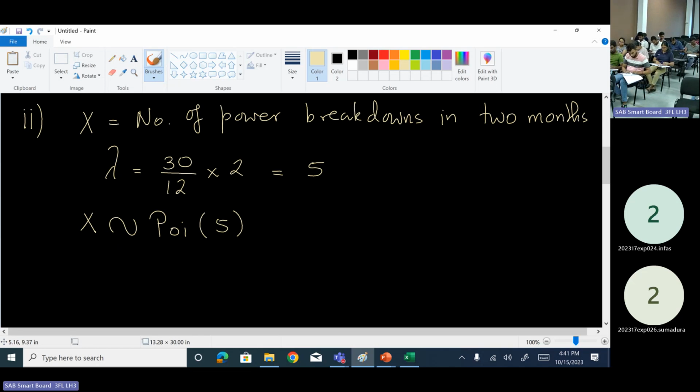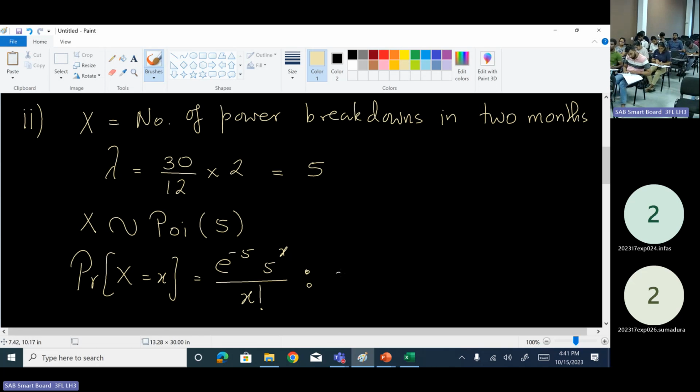So we can write down the probability function: P(X = x) equals e to the minus 5, 5 to the x over x factorial. What are the values X can take? X can be 0, 1, 2, 3, 4, and so on.